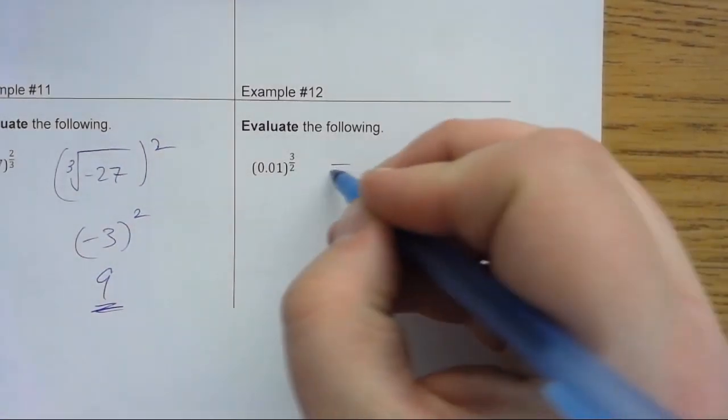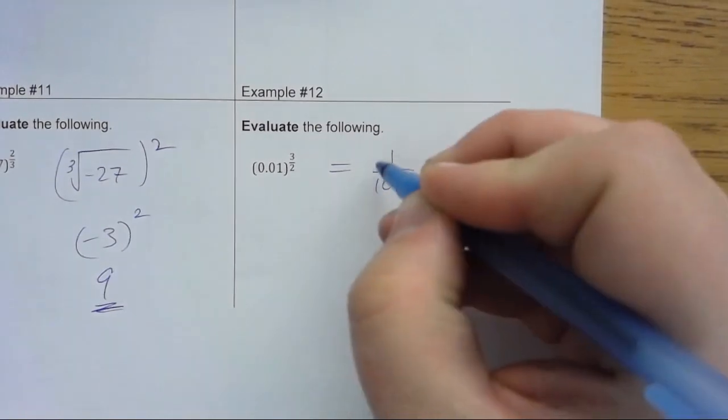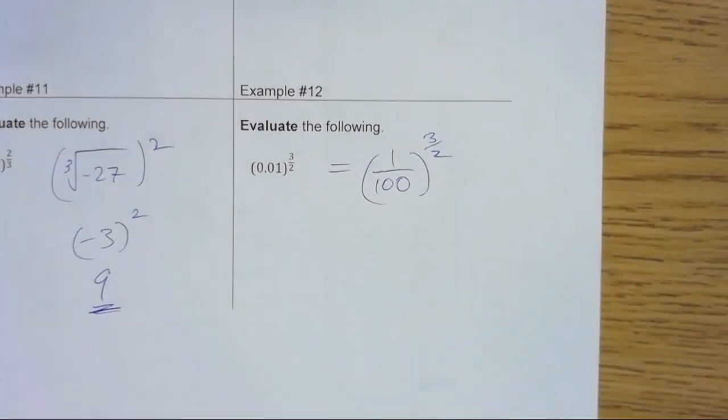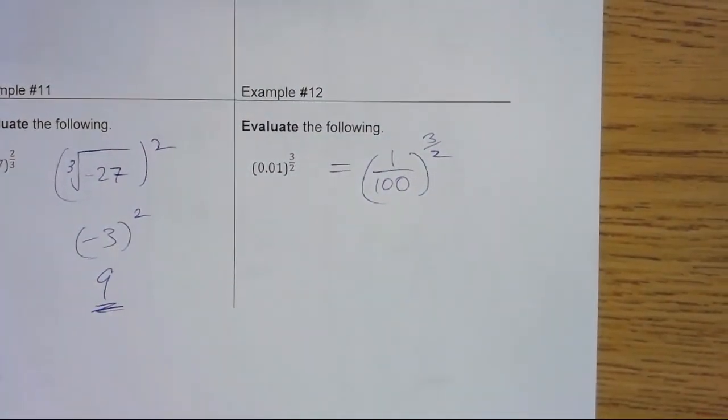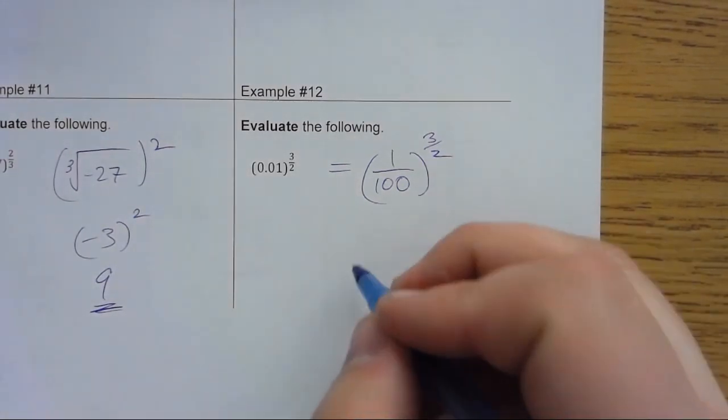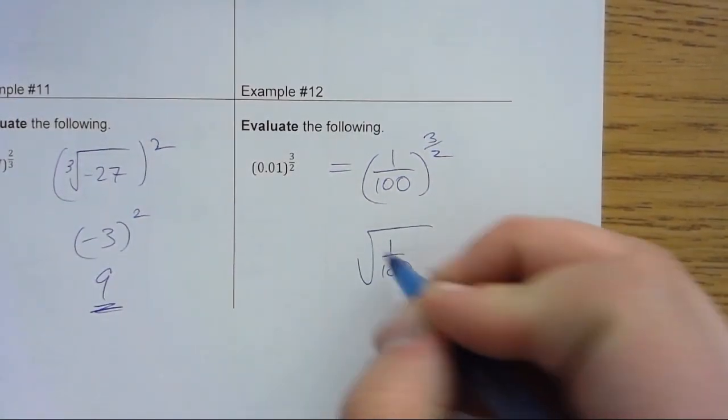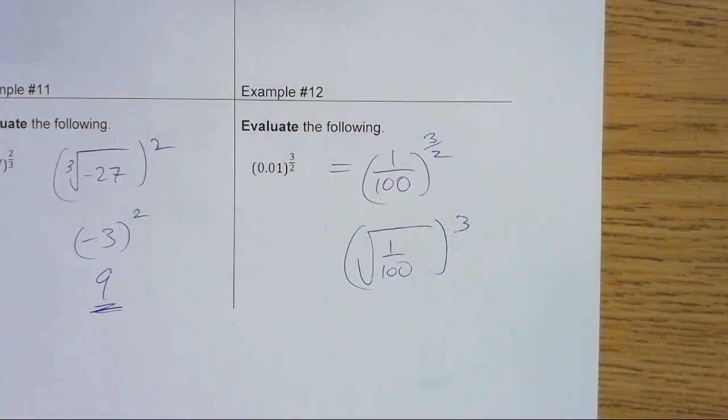Because as a fraction, this is 1 over 100 to the 3 halves. Get it? 1/100th. And that's an easy number to square root. What number times itself is 100? Okay, yeah, the top, sure.